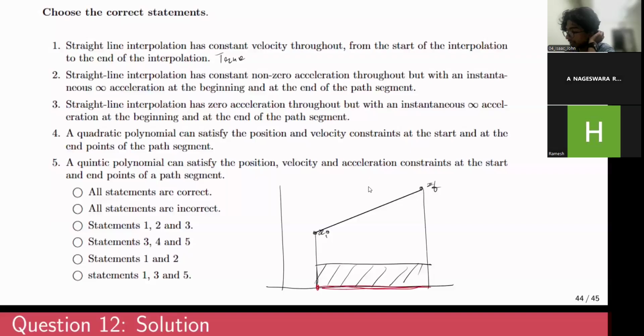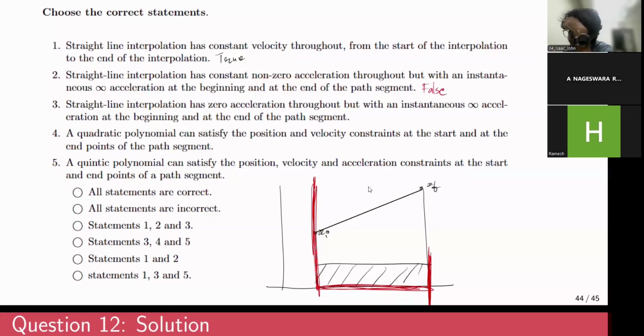This will be your acceleration. But due to the instantaneous velocity at the very beginning, it will have instantaneous infinite acceleration and instantaneous infinite deceleration at the very end. But everywhere else, the acceleration is zero, not non-zero acceleration. So that is false.